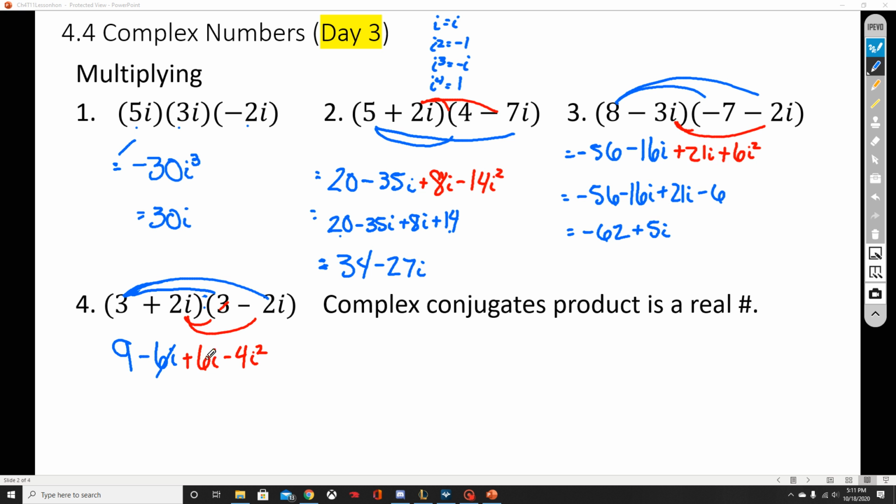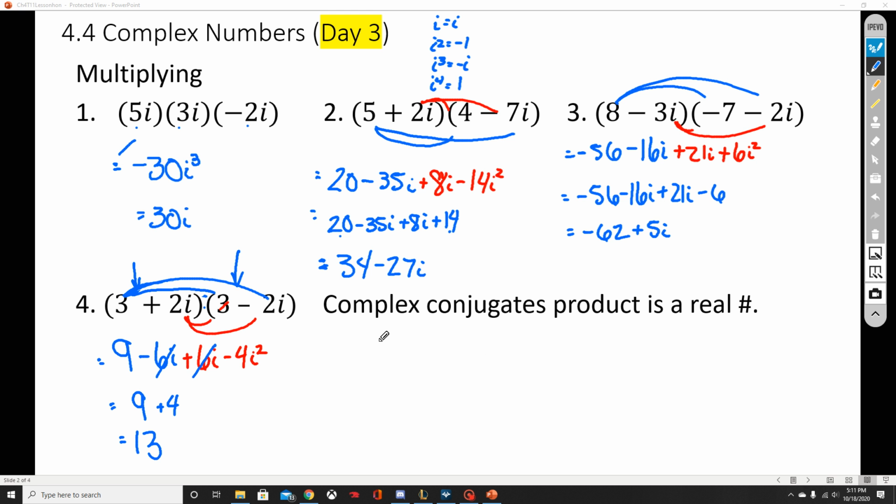And these two are canceling each other out. So this becomes 9 plus 4, which is 13. This is a real number. It's not complex. There is no imaginary part here. It's just the real part. Which means that even though this was imaginary and this one was imaginary, their product is a real number. This makes them complex conjugates.